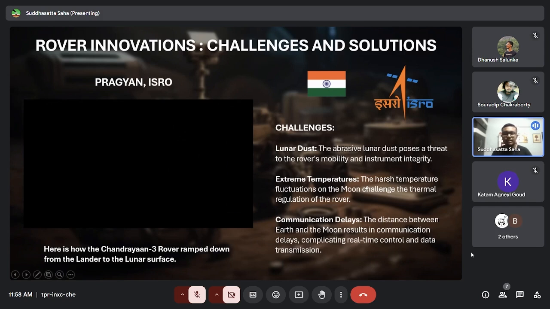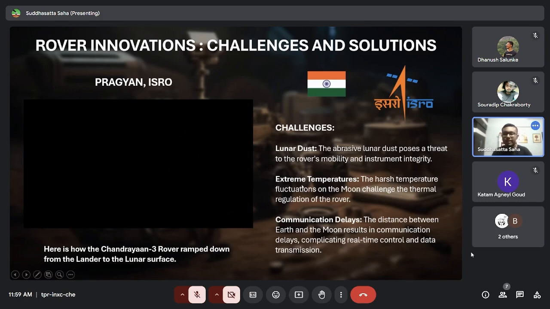It can be extremely cold, it can dip down to as much as minus 130 degrees Celsius, and the material properties of certain things might change. So that is why thermoregulation of rovers is very important, and that is a challenge every rover faces, and so does Pragyan.